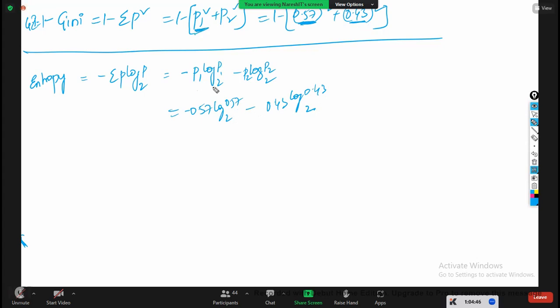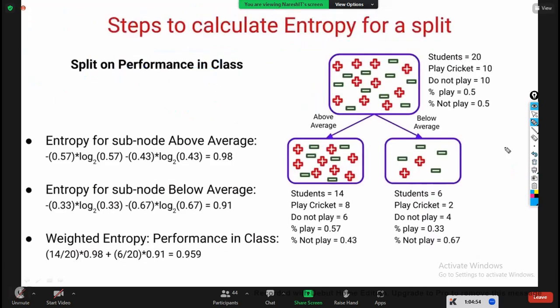That is the difference. Remaining everything is the same. P is not going to change. Calculation of the P is the same. Only difference is earlier you took the P square, this time you are taking the log base 2. So 0.57 into log 2 of 0.57 minus 0.43 into log 2 of 0.43, and you are going to get some value.